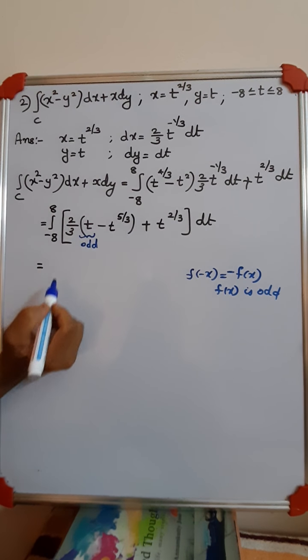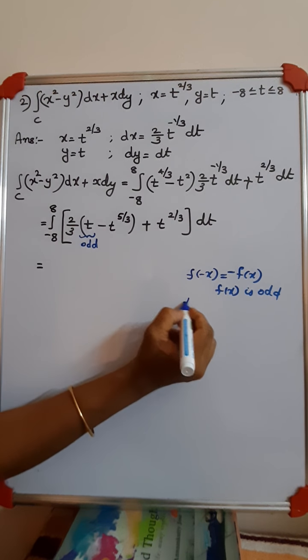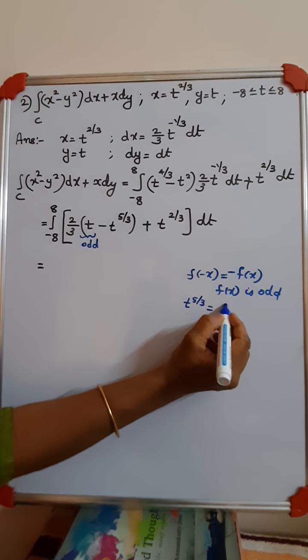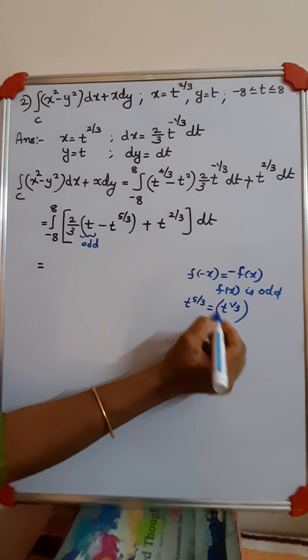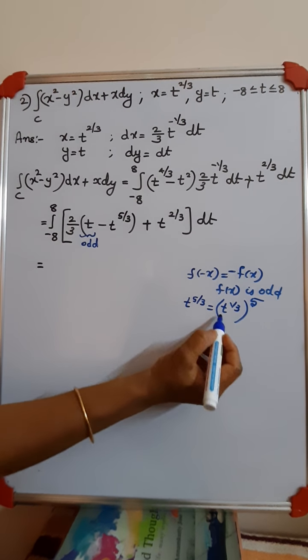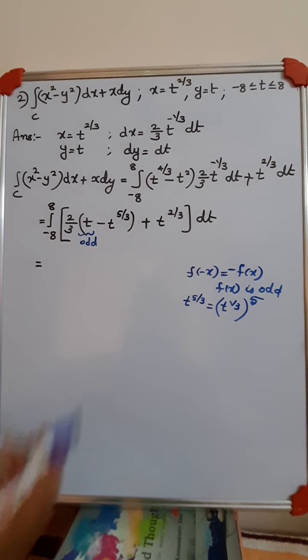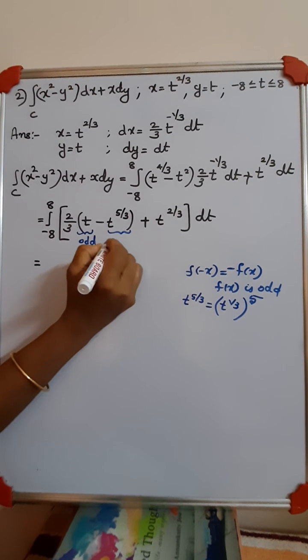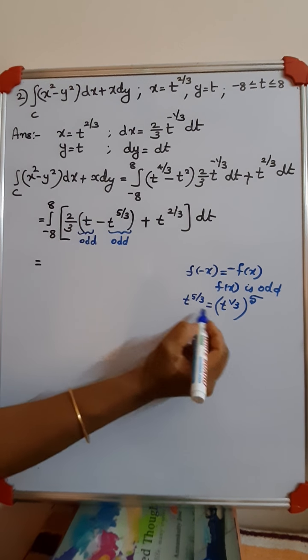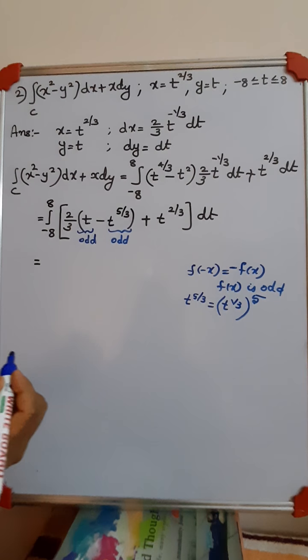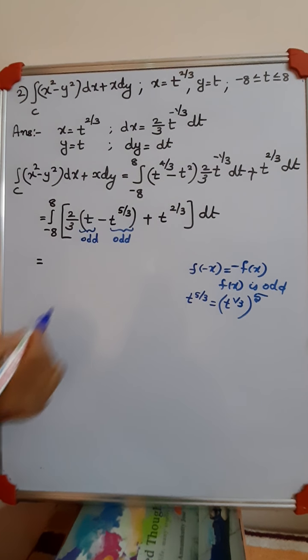Similarly, t raised to 5 by 3 also. That means t raised to 5 by 3 can be written as t raised to 1 by 3 the whole raised to 5. A negative function the whole raised to 5 becomes a negative function again. So this function is also odd. Then next term, t raised to 2 by 3.